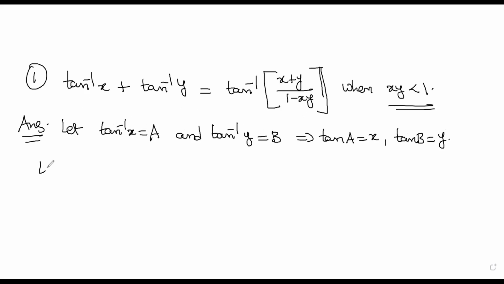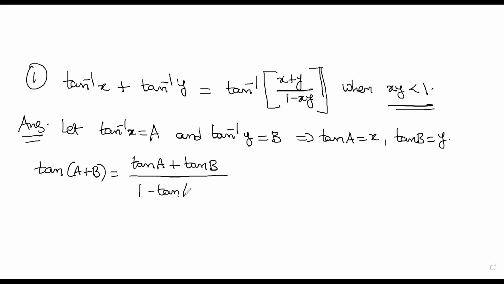Now let us use the formula tan of A plus B is equal to tan A plus tan B divided by 1 minus tan A tan B. Substituting, tan A is x, tan B is y, divided by 1 minus xy. Now we got this equal to tan of A plus B.